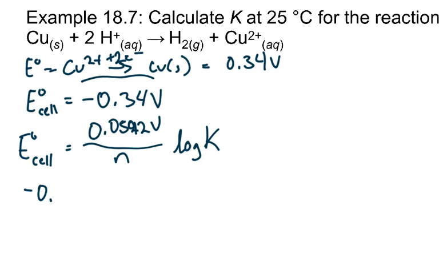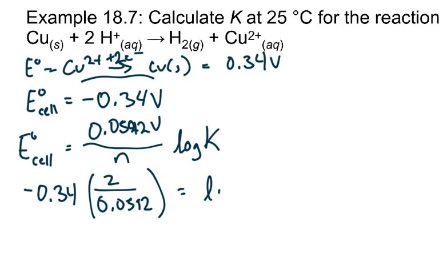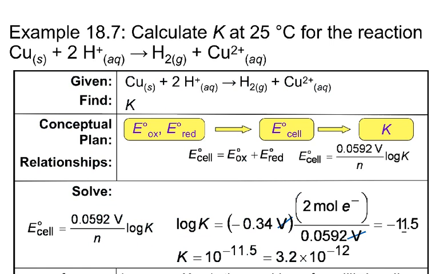So if I take negative 0.34 times 2 over 0.0592, that is equal to the log of K, then I can find that K is equal to 3.26 times 10 to the minus 12th. It makes sense that K is very small because my cell potential is negative, so my equilibrium is going to lie very far to the reactant side because it's not spontaneous in the forward direction.